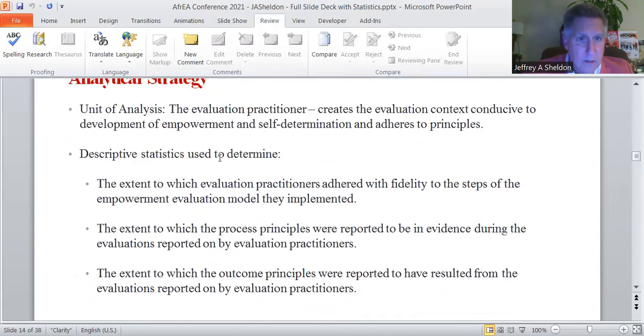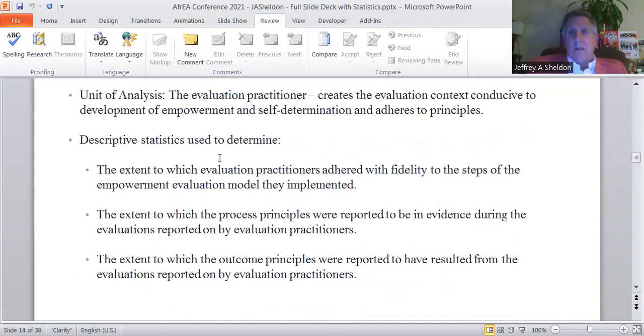Okay, so analytical strategy. The unit of analysis is the evaluation practitioner, because the evaluation practitioner creates the context. Remember I said we don't empower or self-determine anyone. We create the context in which, as a social intervention, hopefully empowerment and self-determination are going to develop.